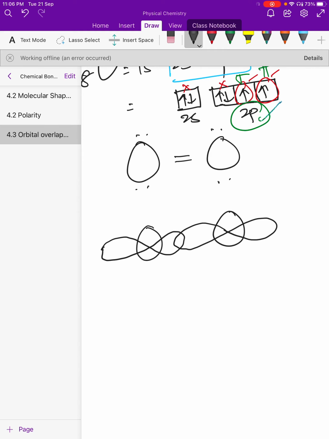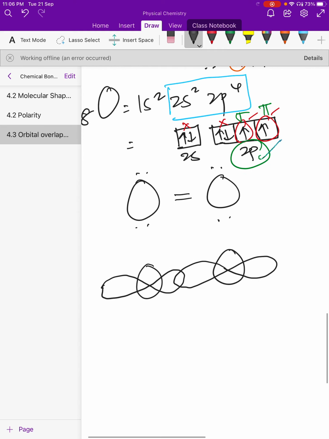We place one electron here, and imagine oxygen on the right hand side has a similar valence electronic configuration, so it overlaps here. Therefore, we get the sigma. This is oxygen on the left hand side, this is oxygen on the right hand side. Okay, that is settled with the sigma.